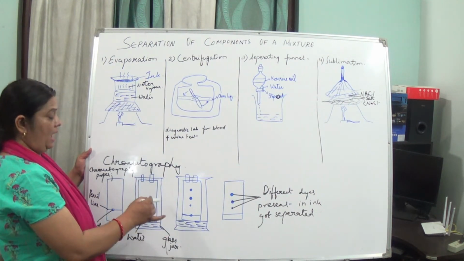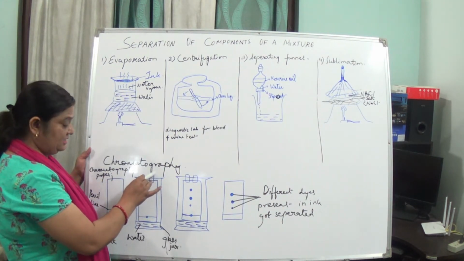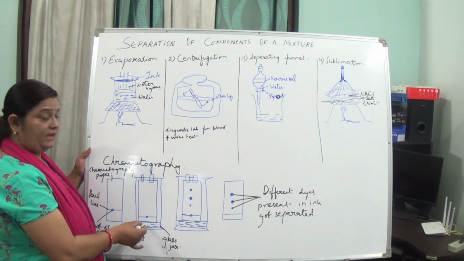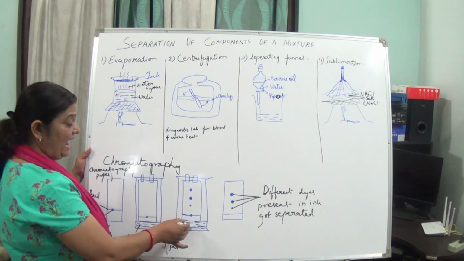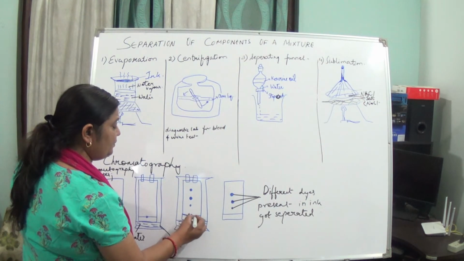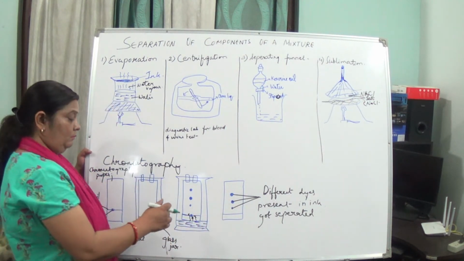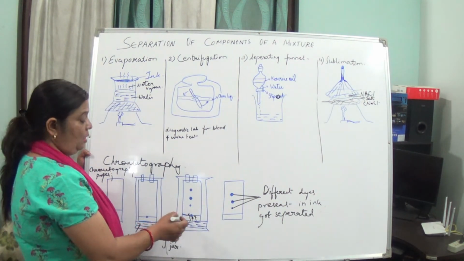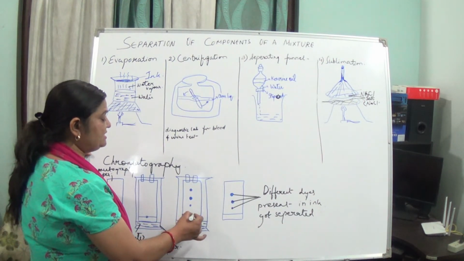Okay, now next we are taking a glass jar, and we are attaching this chromatography paper to this glass jar, and we are adding solvent over here at the bottom. Okay, and then what do we see? As this solvent rises up, the component of ink which is more soluble in this solvent moves faster.